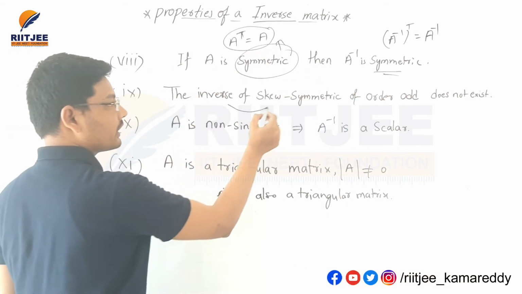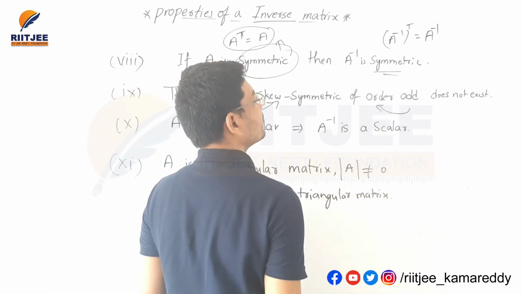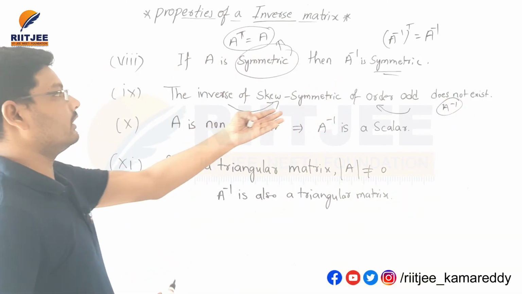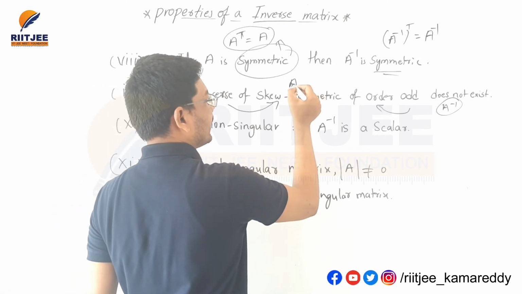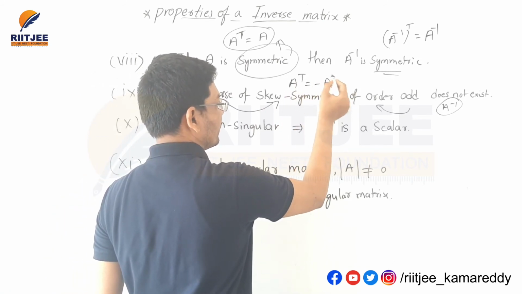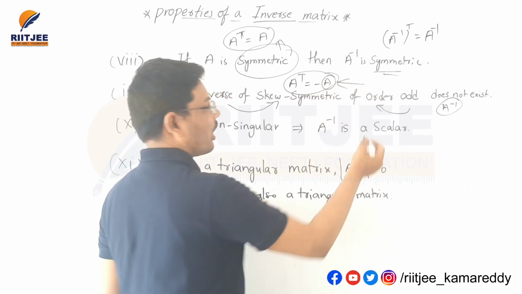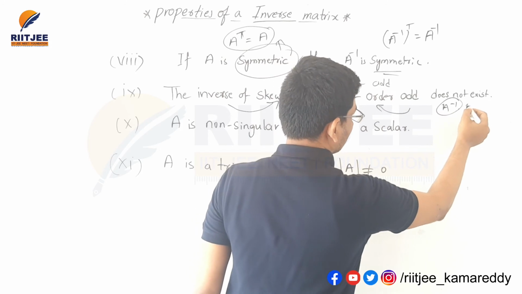The inverse of a skew symmetric matrix of odd order does not exist. A skew symmetric matrix is one where A transpose is equal to minus A. Here, if the order of A is odd, then A inverse does not exist.